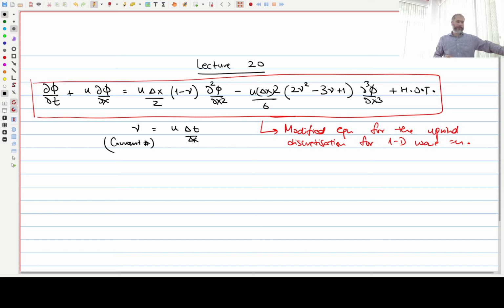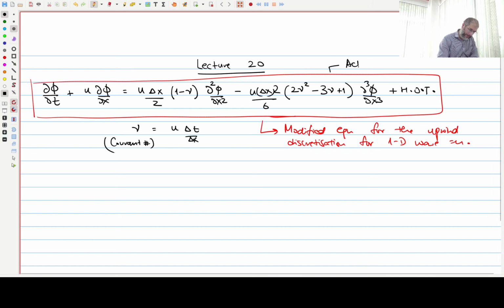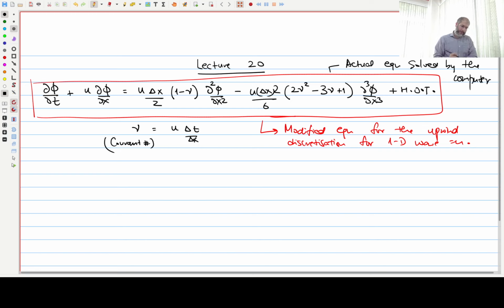Is that clear? Well, I shouldn't say solved by the computer, that confuses us with round off errors and so on. Solved by the upwind scheme.